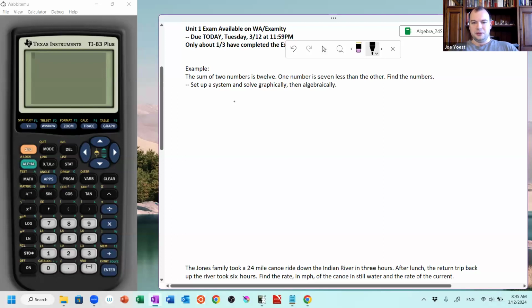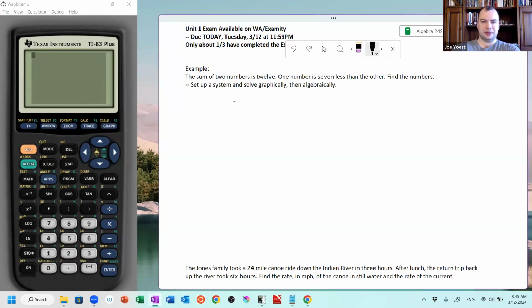We want to first set up a system of equations. We've seen problems similar to this one back in chapter 3 when we talked about applications of linear equations. And back then we kind of just muscled our way through it. Here we're going to try to be a little bit more algorithmic. We're going to try to follow more of a set process.